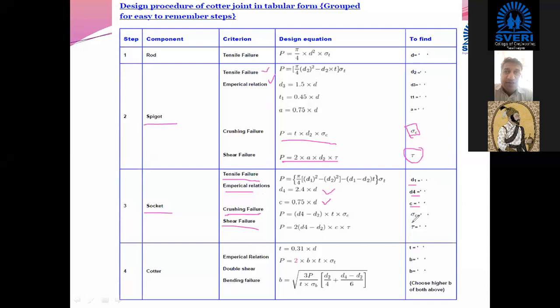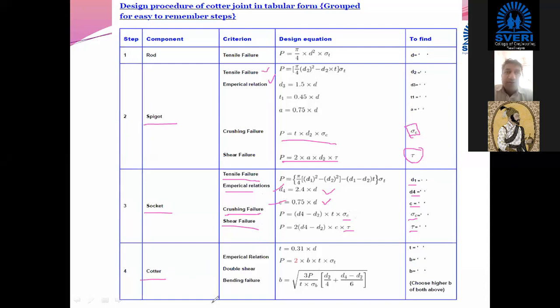Sigma C is coming less than the allowable compressive stress, and tau, that is the shear stress, is coming less than the allowable shear stress. Then we can say these two values calculated from the empirical relation are acceptable.